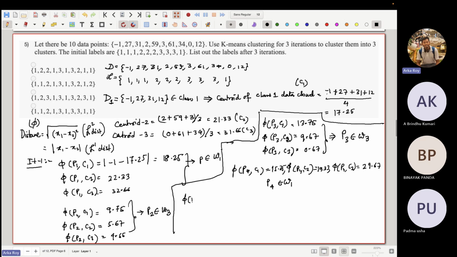Then I can write for P5 C1, P5 C2, P5 C3.